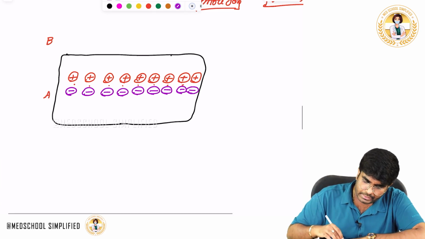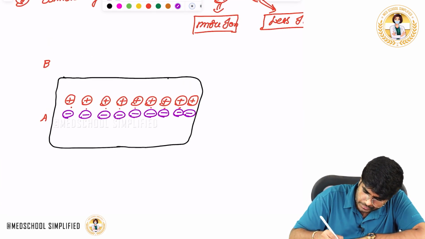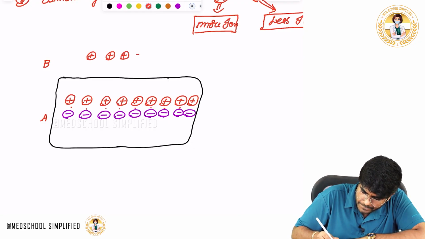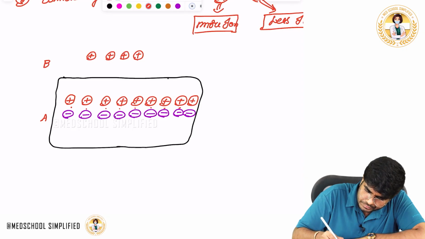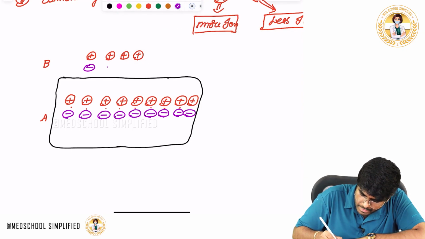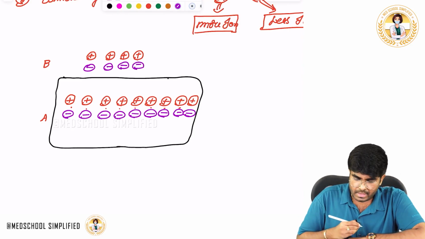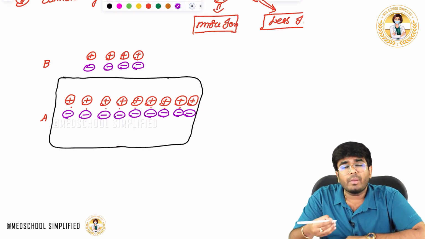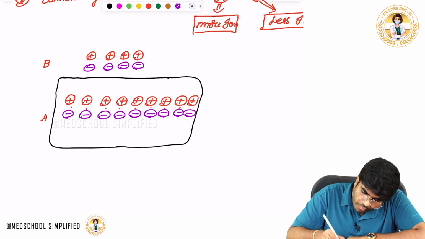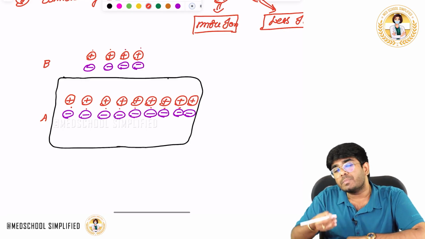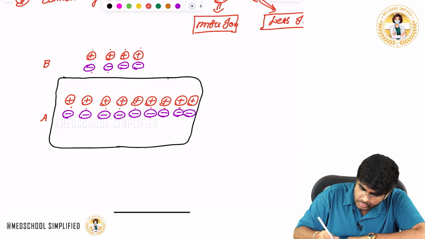Okay, and in the compartment number B, look here. Here also positive charges are there, and here also negative charges are there. Now look, in the compartment number B, the number of positive charges, for example, 1, 2, 3, 4. And how many respective negative charges should be there? 1, 2, 3, 4.